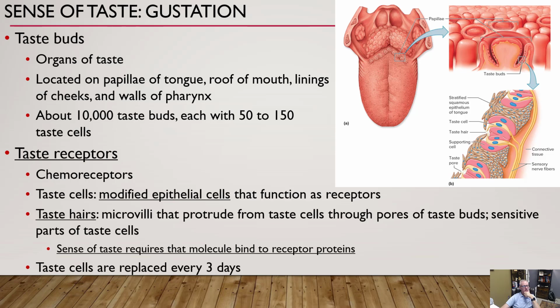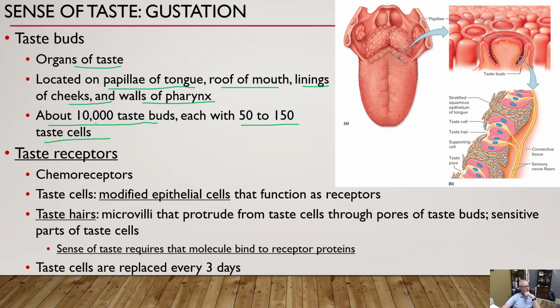All right, taste buds. Taste buds are our organs of taste. They're located on the papillae of the tongue. You actually have taste buds on the roof of your mouth, on your cheeks, and in the walls of your pharynx, kind of in the back of your throat. We have about 10,000 taste buds, and each taste bud contains between 50 and 150 taste cells.